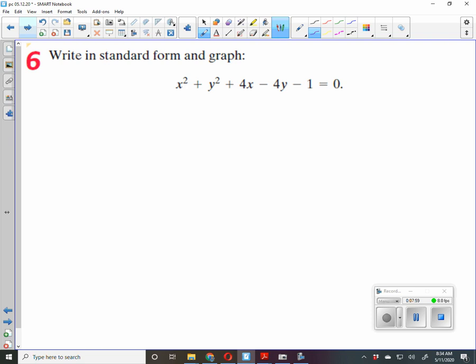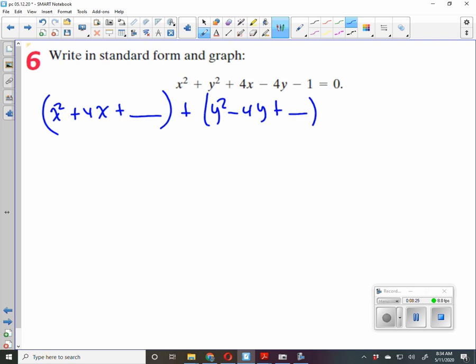We want to write the general form in standard form, which means we're going to complete the square twice. I'll walk through this. I'm going to rewrite this as x squared plus 4x plus something plus y squared minus 4y plus something equals 1. Remember, I'm adding 1 to both sides here. This allows me to complete the square.